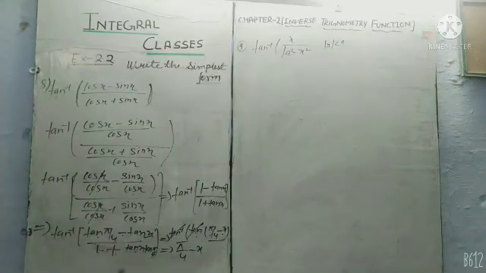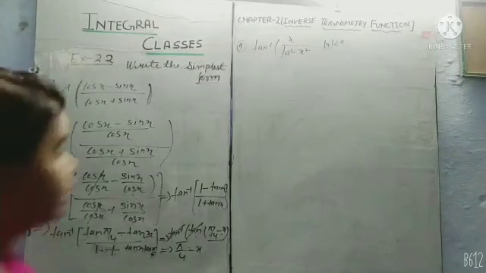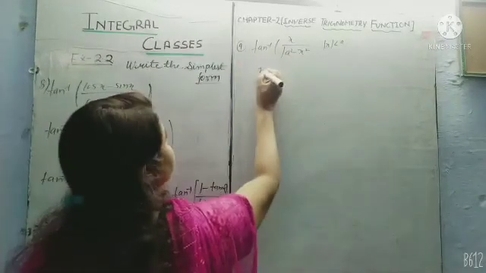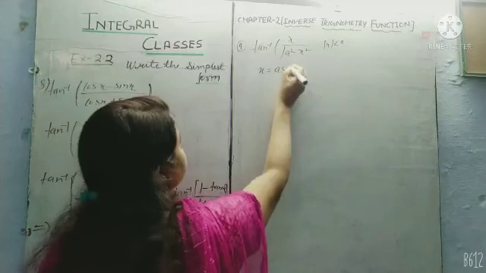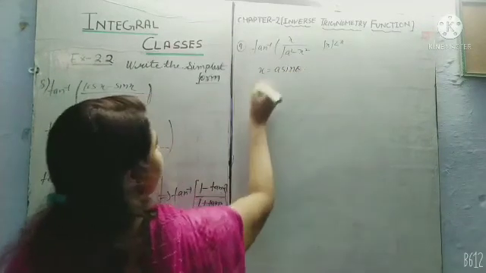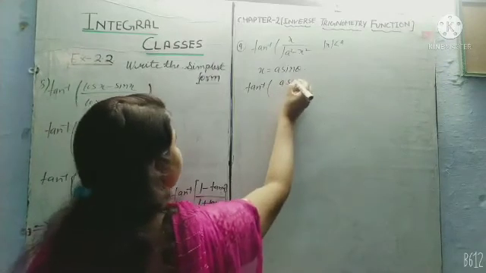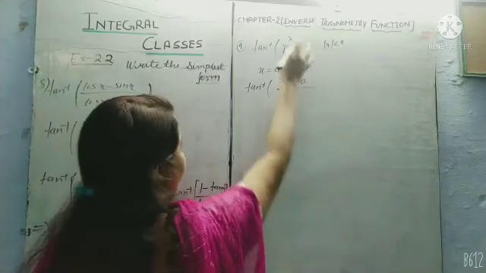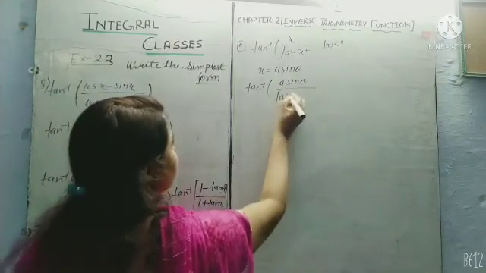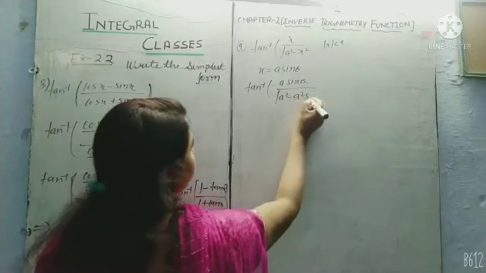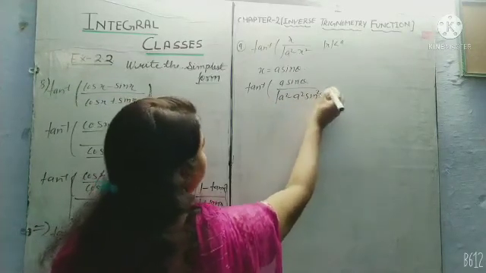Now question number 9. In question number 9, student, we will replace x equal to a sin theta. So now tan inverse a sin theta upon root of a square minus a square sin square theta.